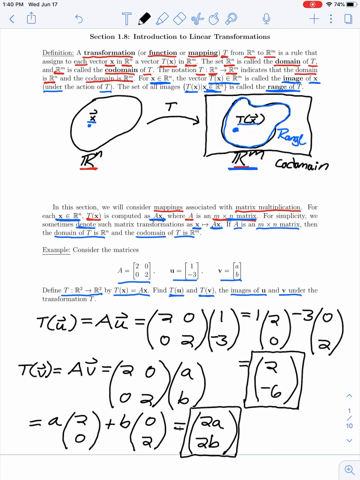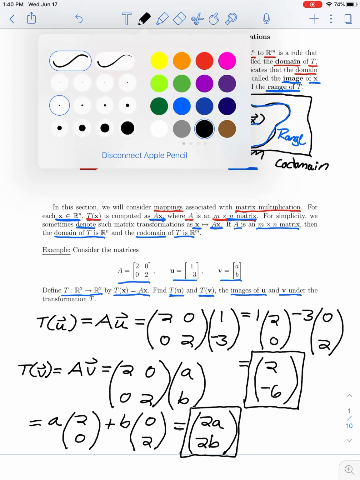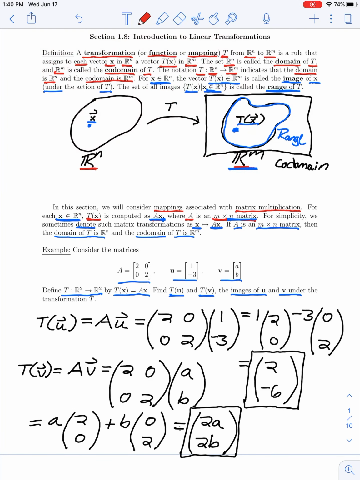So let's think about what exactly this transformation is doing to the given vector. If we started with the vector u, 1, negative 3, by applying this transformation, we had an image of that vector as 2, negative 6. Notice it's the vector u multiplied by 2.